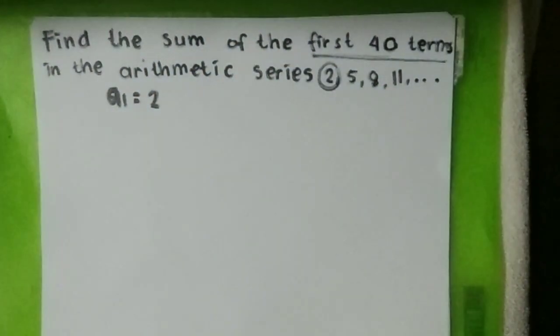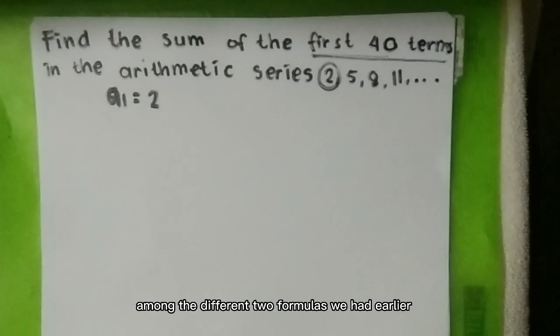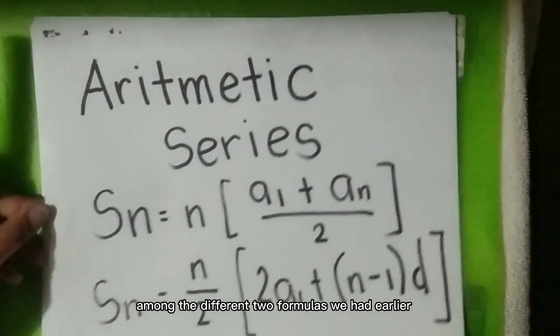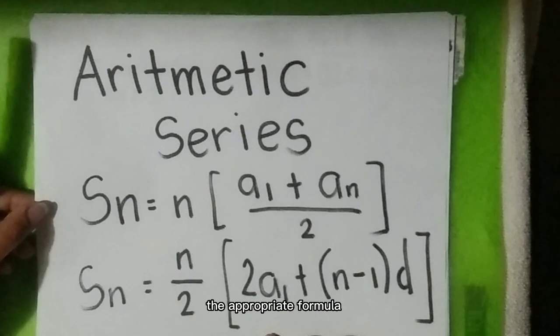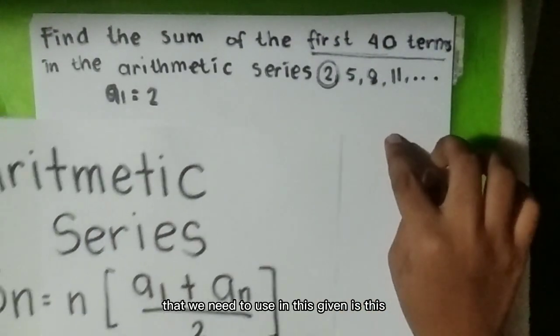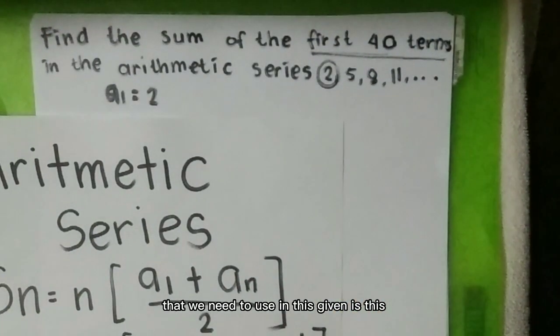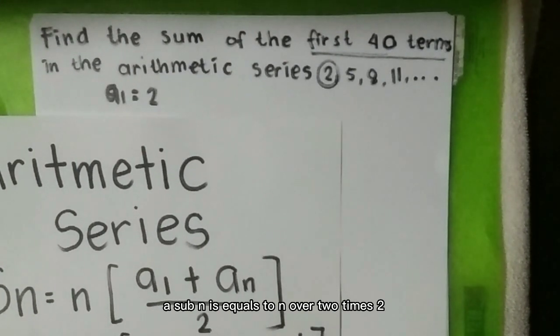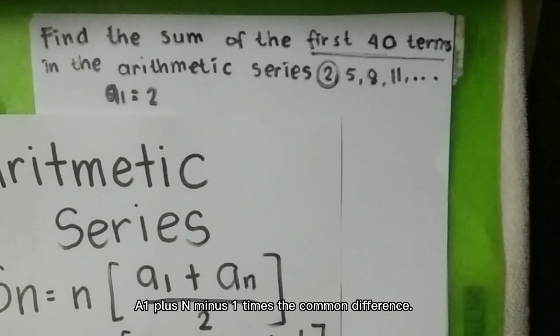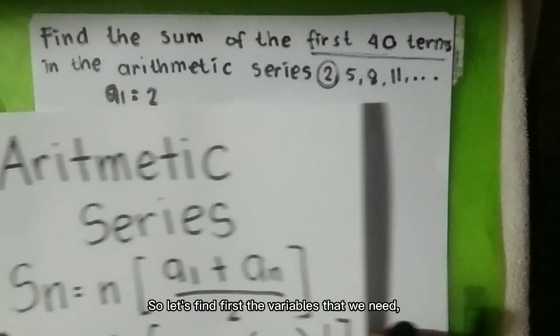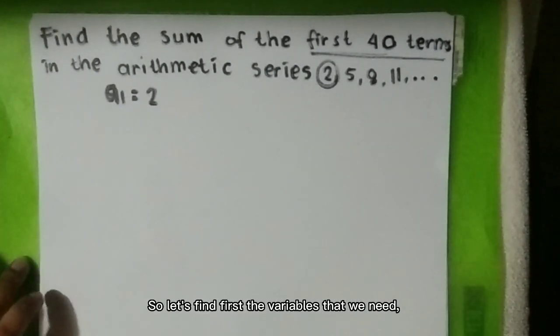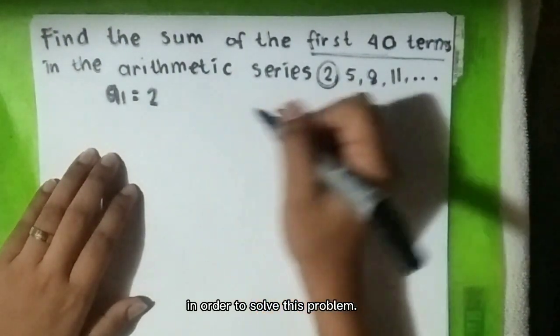And then, among the two formulas we had earlier, the appropriate formula that we need to use in this given is S sub n equals n over 2 times 2 a sub 1 plus n minus 1 times the common difference. So, let's find first the variables that we need in order to solve this problem.